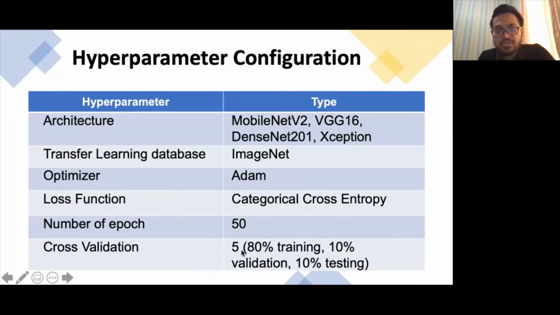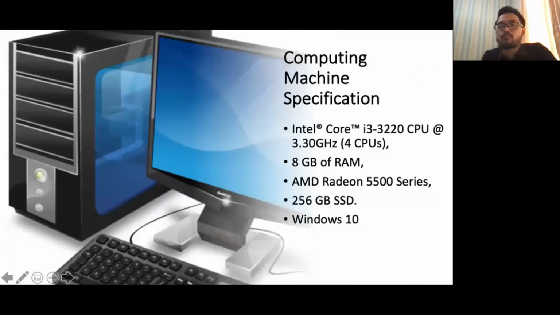For cross validation, we use 5-fold cross validation, with 80% for training, 10% for validation, and 10% for testing. The experiment was carried out on a computer with the following specifications. We use this computer to execute all of the training and testing processes.